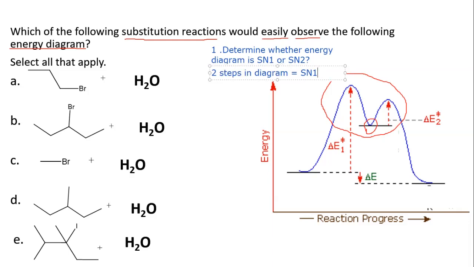Since it's SN1, SN1 prefers tertiary alkyl halides. So now we'll look to see which one is a tertiary alkyl halide.